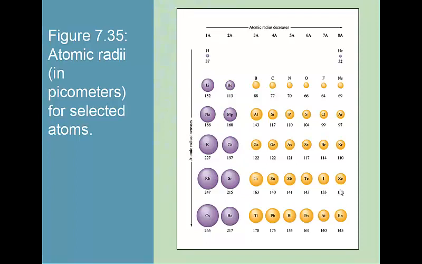So these are pictures. Notice as you go across the periodic table, what's the atomic radius doing? As you go across, your AR is decreasing. And as you go down, your AR is increasing.